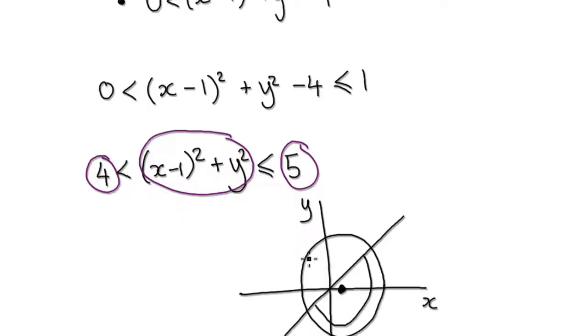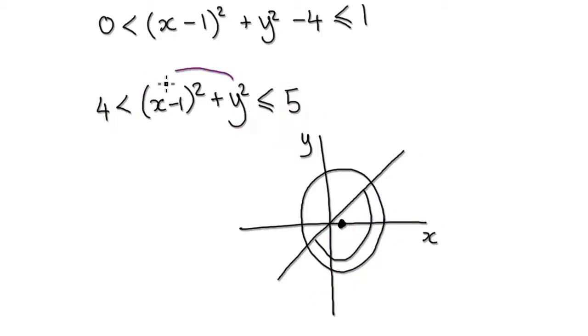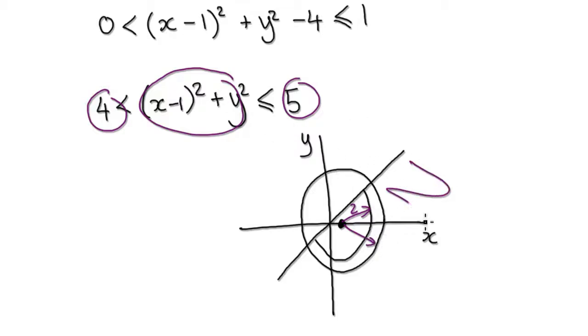So what that means is, in this region here where y is less than x, we require the circle to be bigger than the radius of 2. So this is radius of 2, and this is radius of root 5. So in this region here, the region that we're interested in is this bit here. It's in between radius of 2 and radius of root 5. So we are interested in this.